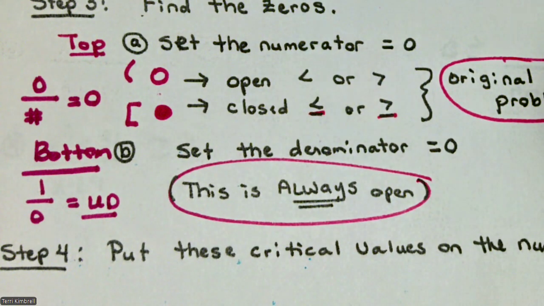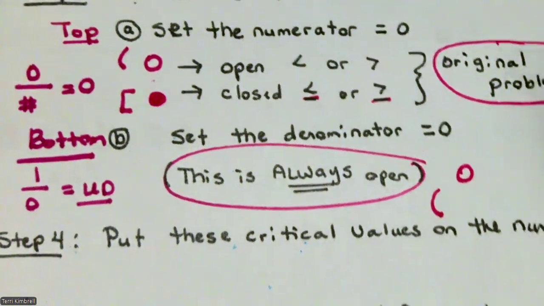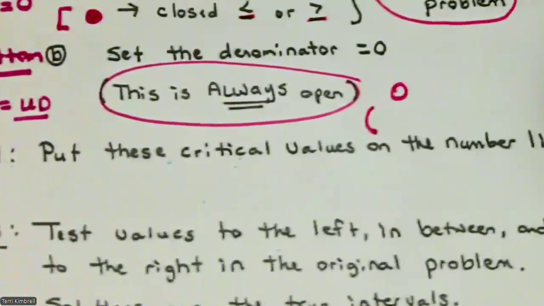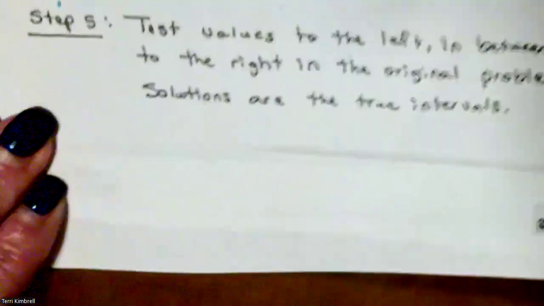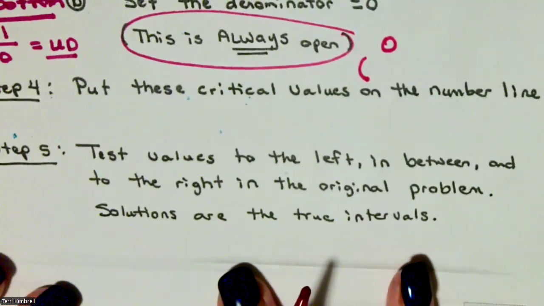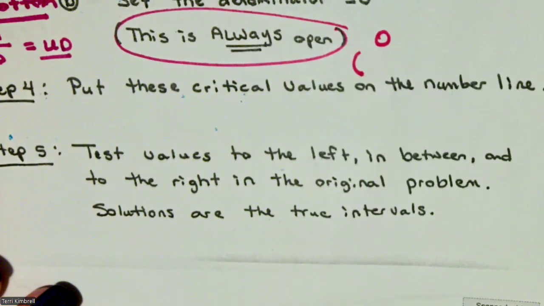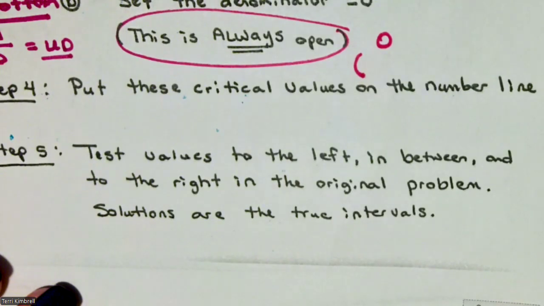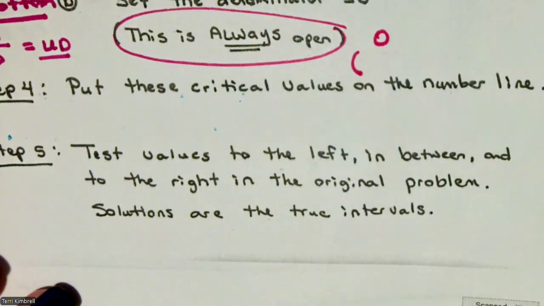So the denominator for the rationals is always going to be an open interval, and you're going to use that parenthesis. Okay? You're going to put these critical values on the number line, just like we did with polynomials. And then you're going to test the values to the left, in between, and to the right. Make sure you're testing in the original problem. Solutions are the true intervals.